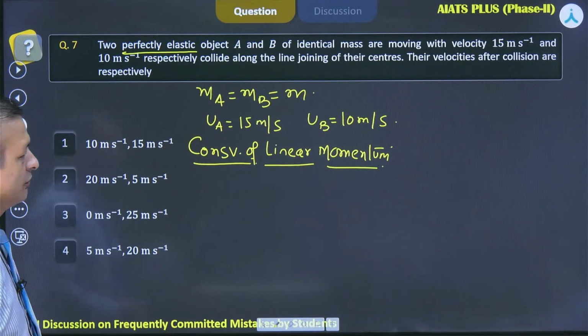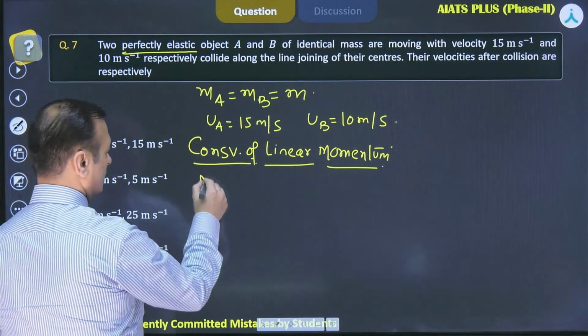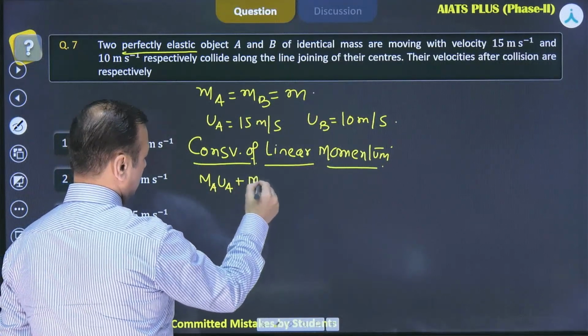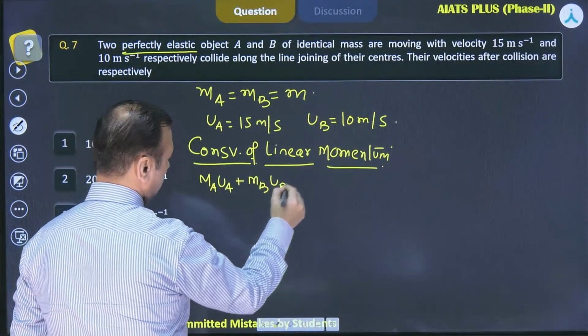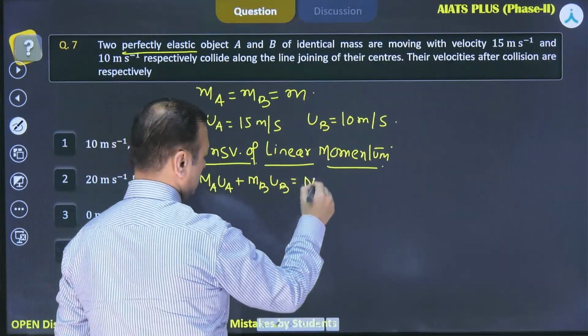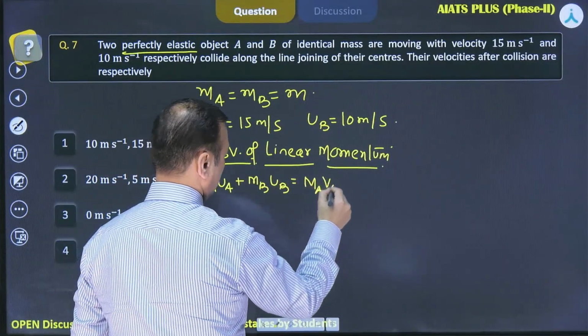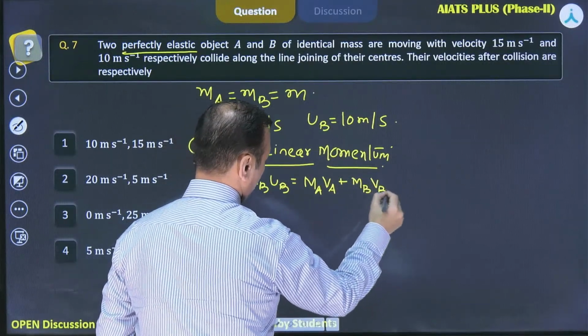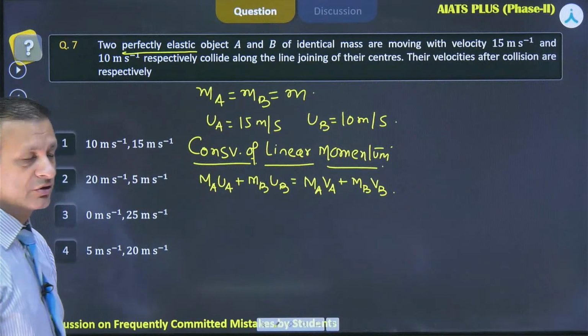Now conservation of linear momentum says MA UA plus MB UB is equal to MA VA plus MB VB. You got it?